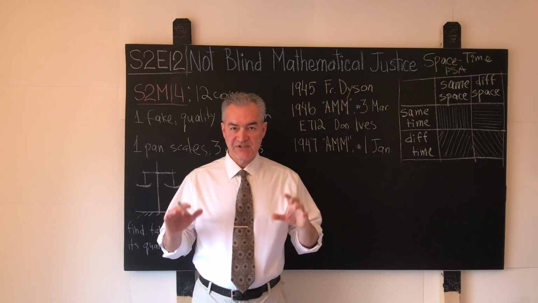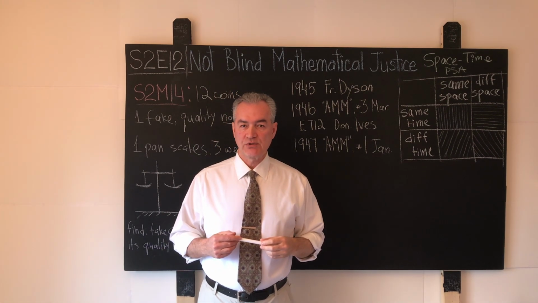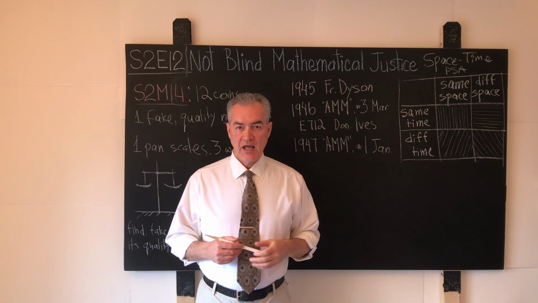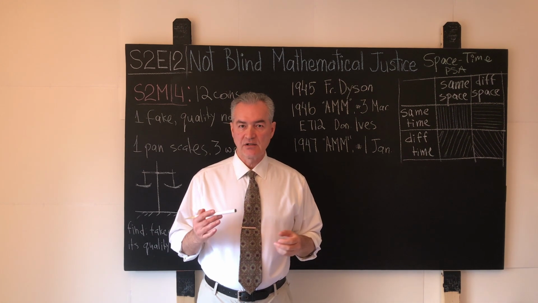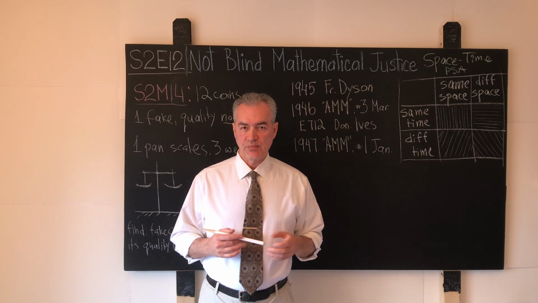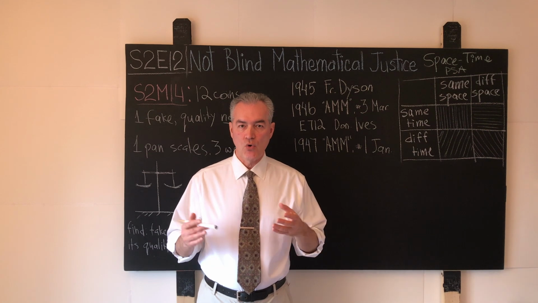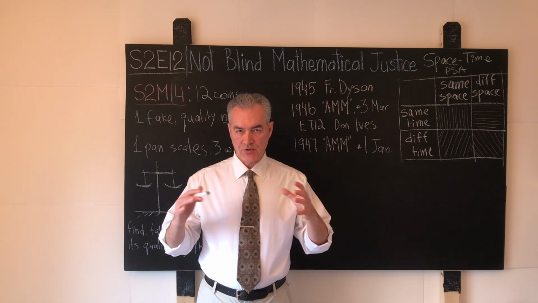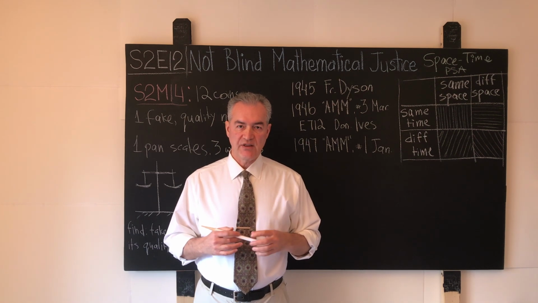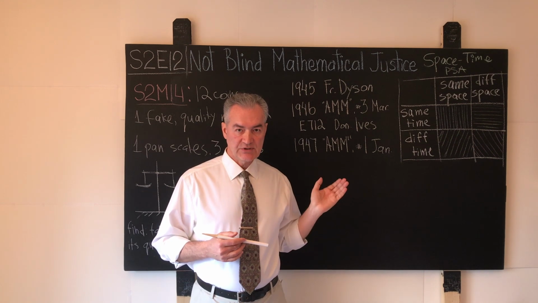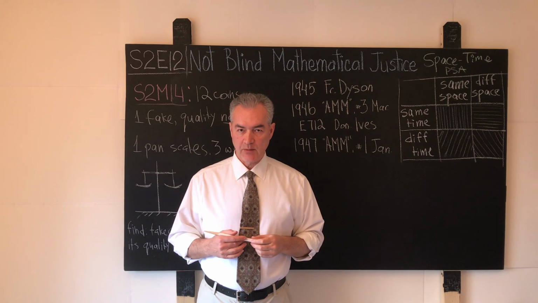For the same space, we can take a campus of a college, and at the same time, let's say at 9 o'clock in the morning, different lectures can happen on the campus if we take the campus as one whole unit, and that one whole unit represents the space. Thus, a same time, same space example.